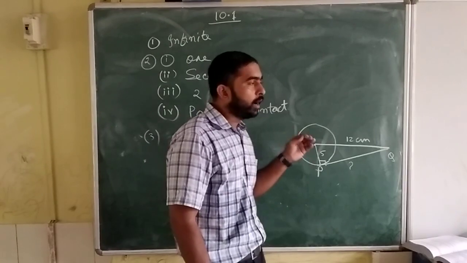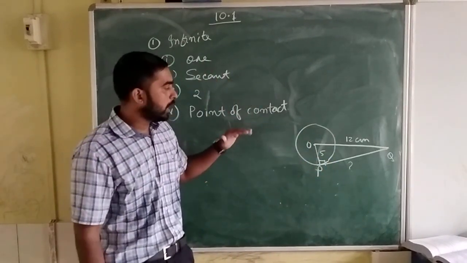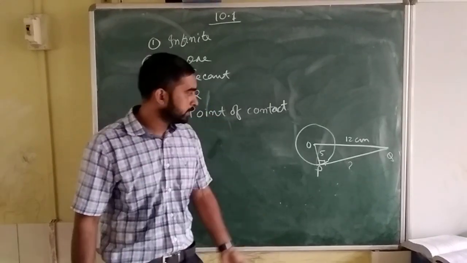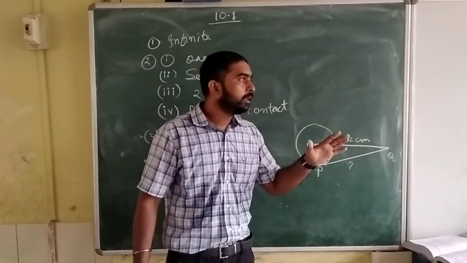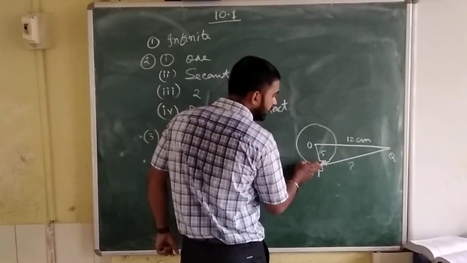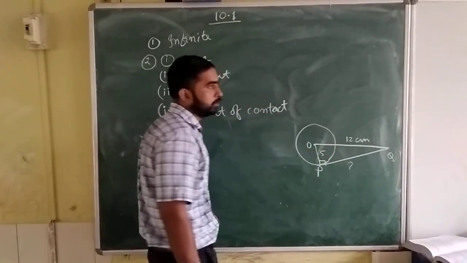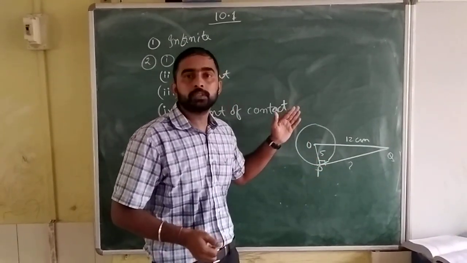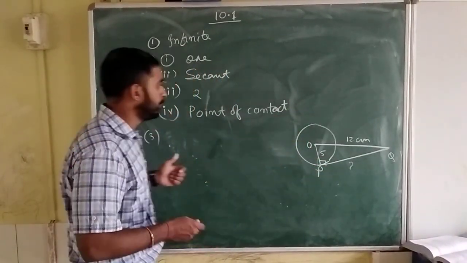If in a triangle one angle is 90 degrees, then we can use the Pythagoras theorem, because it is applicable only in a right angle triangle. Here the side opposite the right angle, OQ, is the hypotenuse.